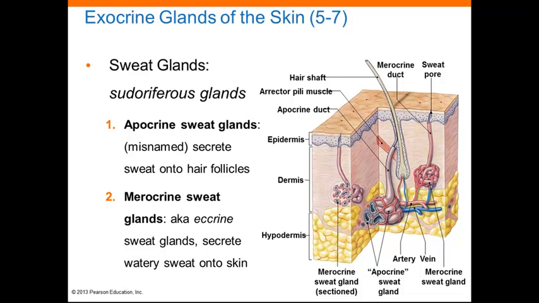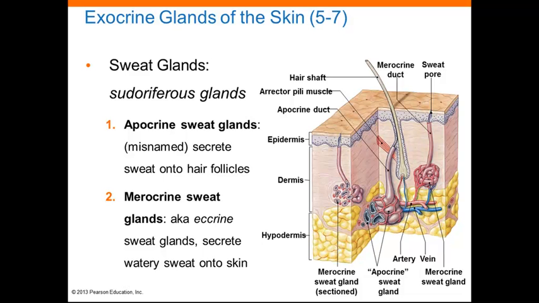And they secrete a sticky, cloudy sweat onto hair follicles in the armpits, around nipples, and in the pubic region. These sweat glands become active at puberty. Now, this sweat can serve as a food source for bacteria on the skin, which can increase the odor. Deodorants and antiperspirants contain an astringent compound that contracts the skin and its sweat gland openings.